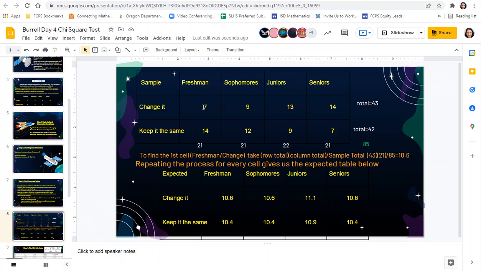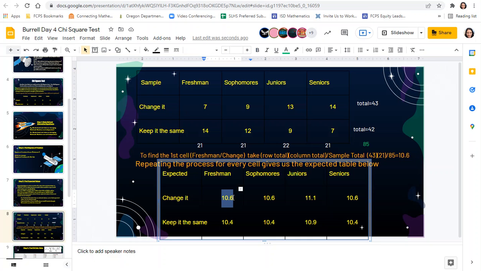To find this number right here, 10.6, I'm going to take my row total, 43, multiply it times my column total, 21, and divide it by 85. Please do that now. Practicing that step is going to help you. I'll tell you one more time: row total, 43, column total, 21, divided by 85, and you should get 10.6.